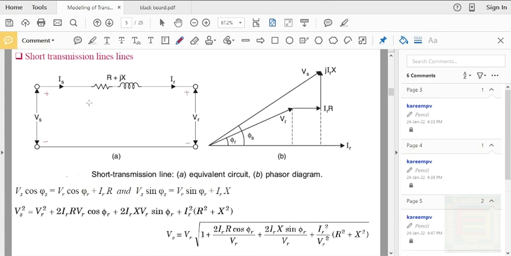Now if you apply Kirchhoff's voltage law to this loop, you get an equation like this. If you start from this point, we are meeting a rise in potential, so it is Vs. Then there will be a drop across this, and as the current is flowing in this direction, it will have a drop with these polarities. That means you are meeting a fall in potential, so that will be given by Is.